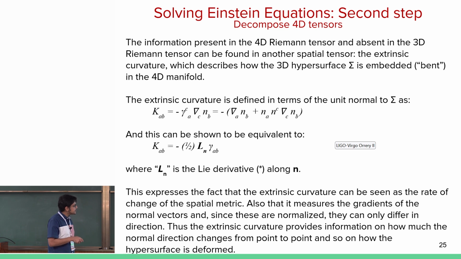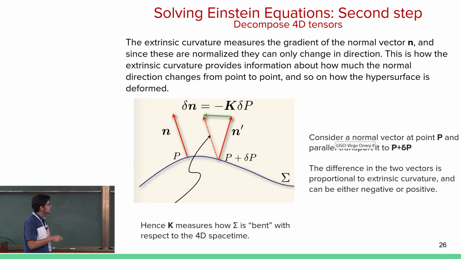So, this expresses the fact that the extrinsic curvature can be seen as the rate of change of the spatial metric along the normal vector. And the above expresses this geometric picture in tensorial terms.